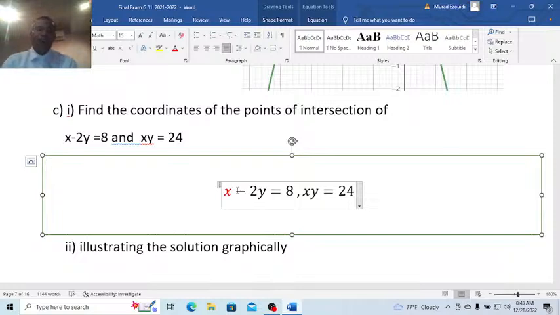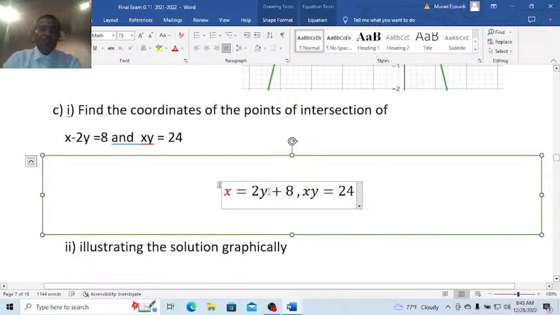Okay, we are told that x is equal to 2y plus 8. I just wrote x as the subject, and therefore I will substitute, or replace, x here with 2y plus 8.